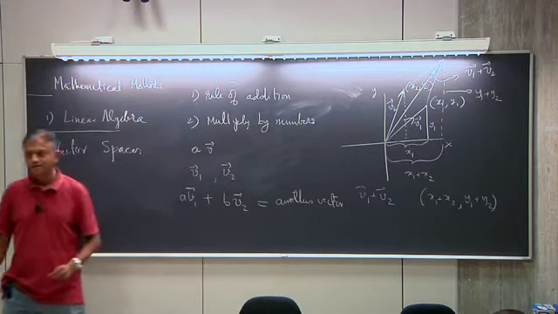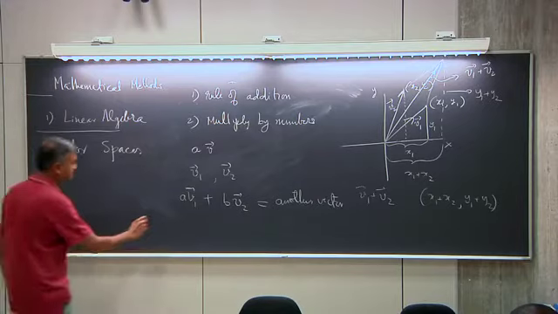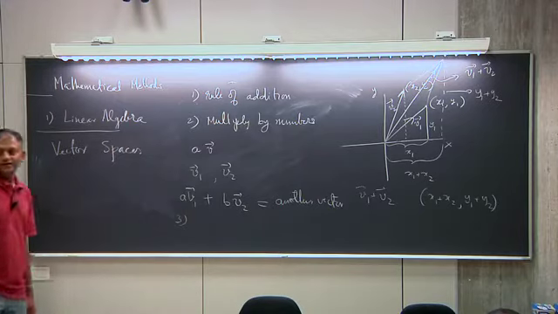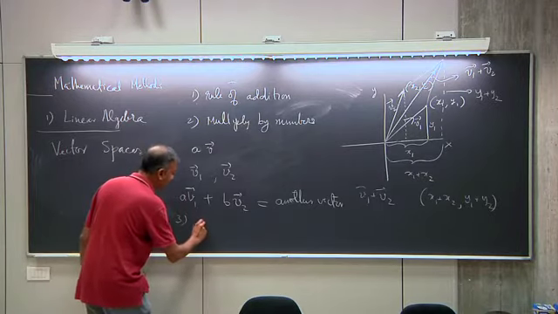So these are the two very, very important features that vectors satisfy. A third thing is that there is a notion of zero vector. There is something called the zero vector or null vector.